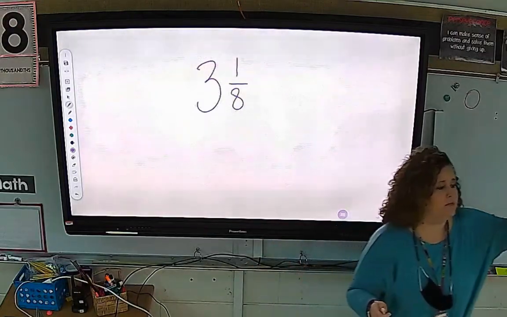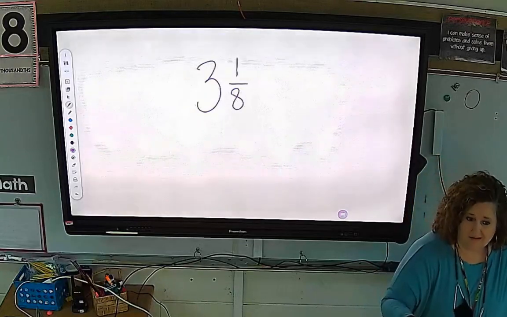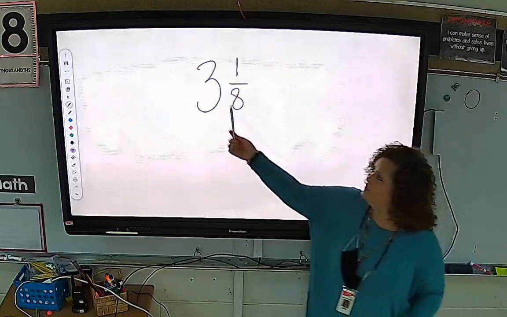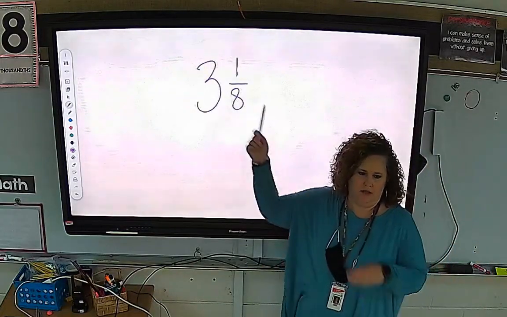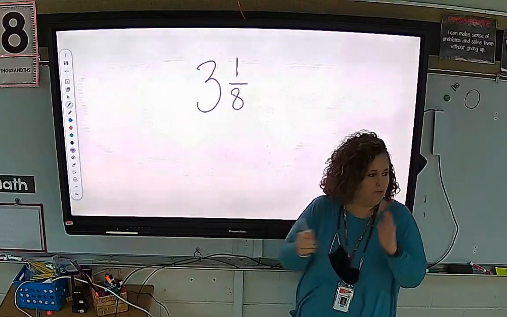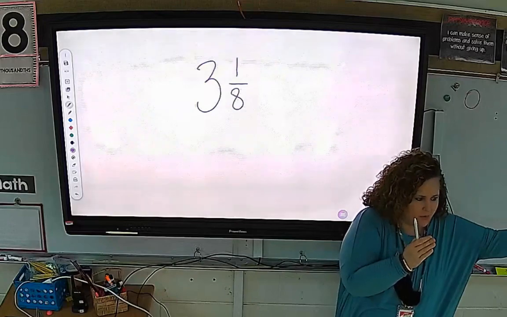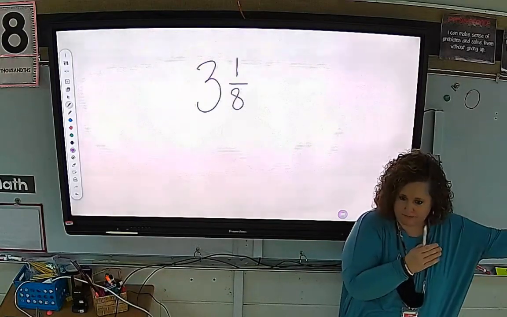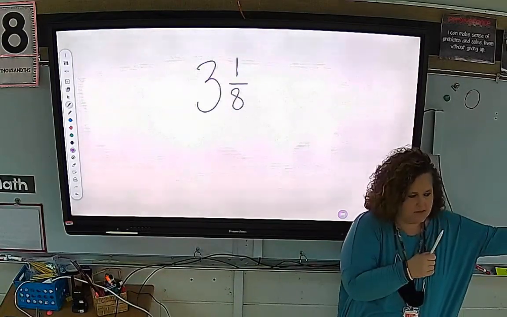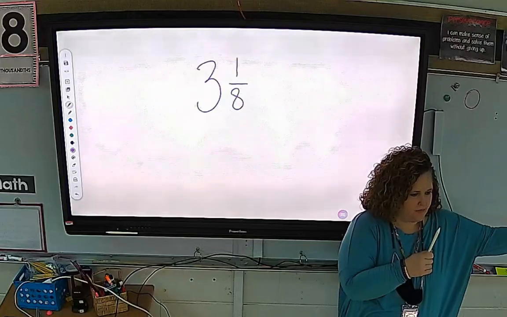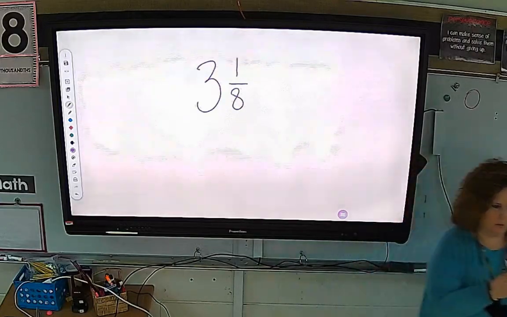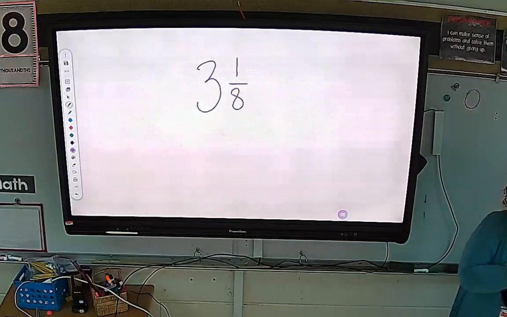The next whole number is 308. So we've got 3, and then a little bit past 3, we've got 3 1/8, a little bitty 8th. How much more do you need to get to 4, the next whole number? Yeah, 7/8. If I had 7/8 more, I'd make it to 4, to the next whole number.